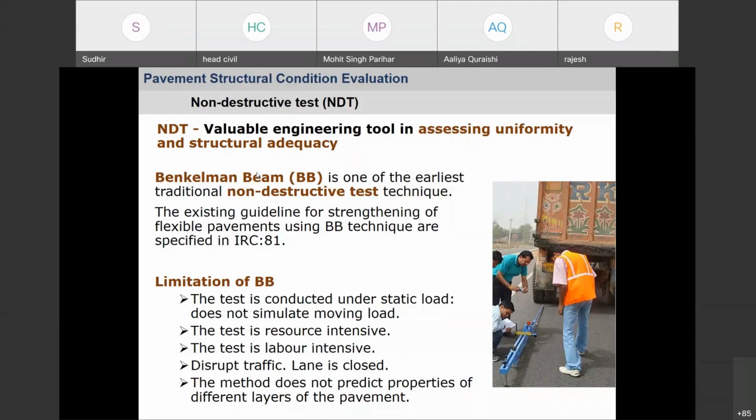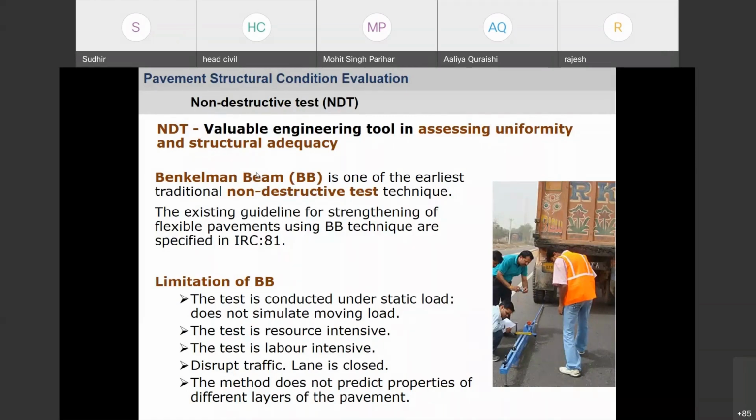There is an IRC code, IRC 81, that provides guidelines about how to perform Benkelman beam test and how to analyze the data. Although Benkelman beam test is an old test, there is lot of experience in the industry about it.